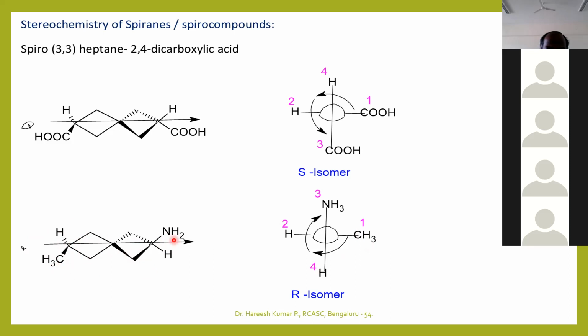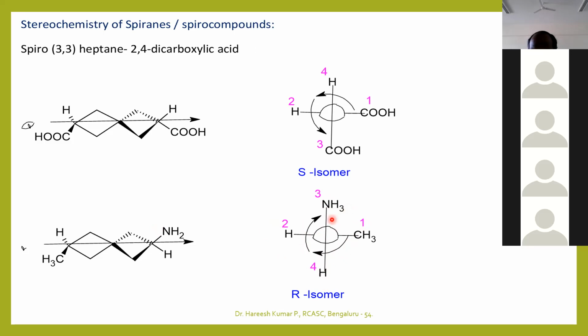Of course, these two are vertical ones. NH2 on top, NH2 is here, and this is H. And you can consider that this is not NH3, this is NH2. So then when you are giving the priority, this is 1, this is 2, and this is 3, this one is 4. Then the movement, it will move from here to here like this. That means this is an R configuration.